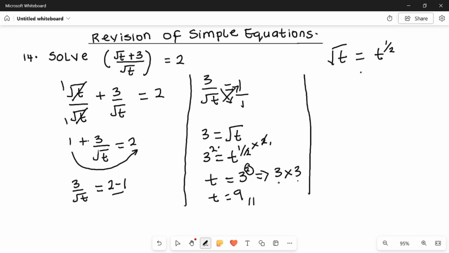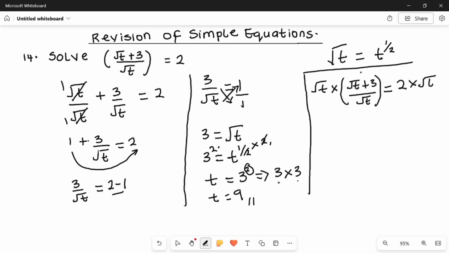So we'll have that root t times the square root of t plus 3 over t equals 2 times root t. So root t will cancel out root t.